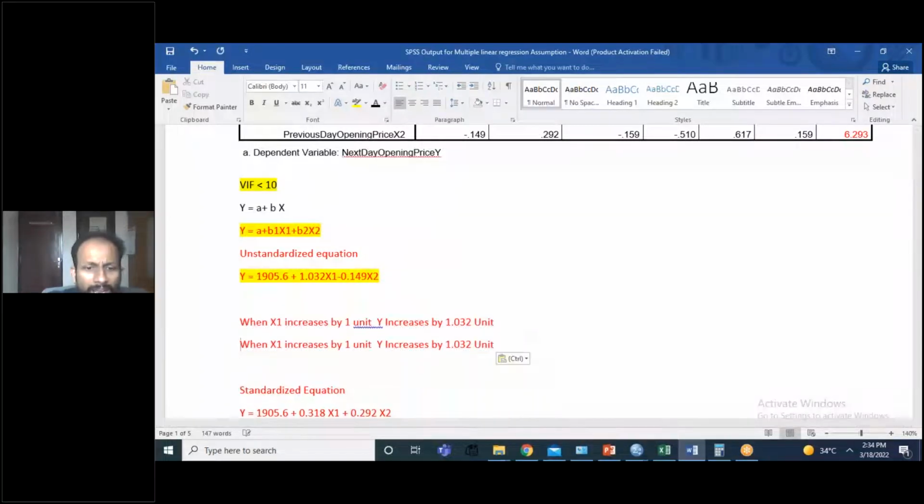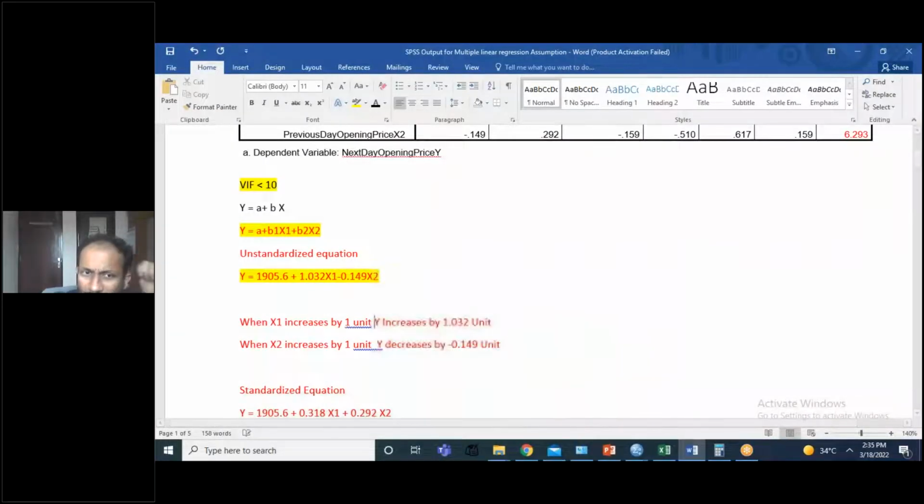When x2 increases by 1 unit, y decreases by 0.149. This is how we have to interpret it.